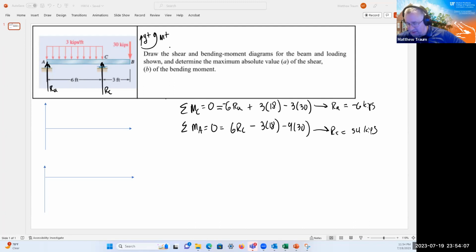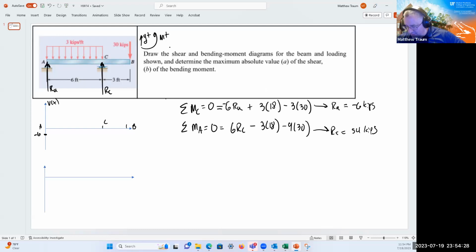And then I can use those values in my shear diagram, which is here. So I'm going to have a point A here, I'm going to have a point C here, and I'm going to have a point B here. And I'm just going to construct this thing visually. So I know my boundary condition for RA is -6 kips. And I know that I've got a continuous load going downwards.